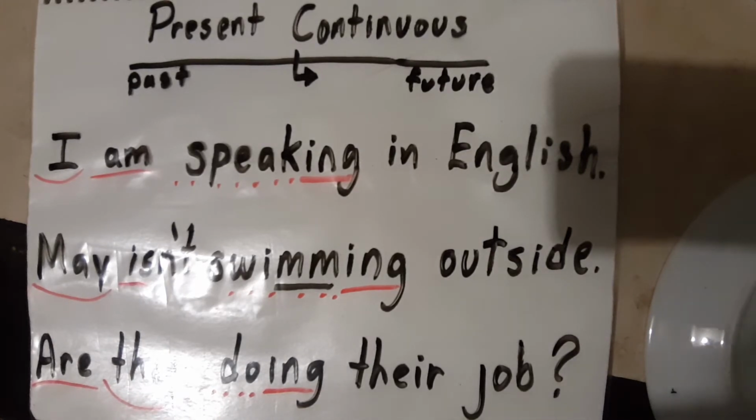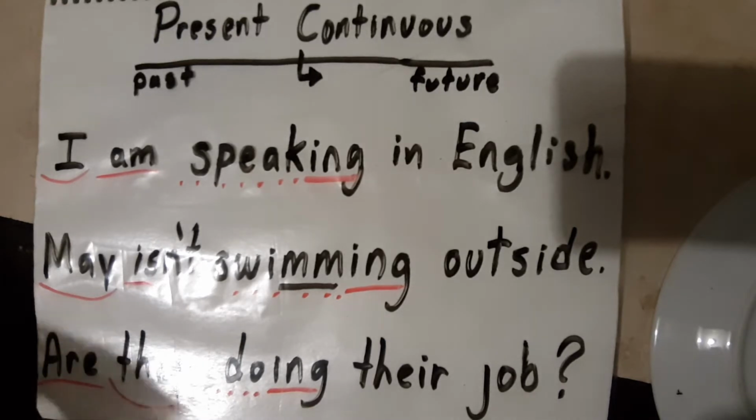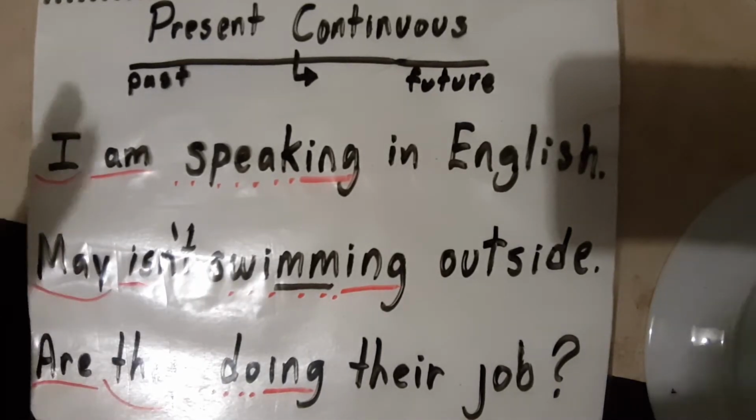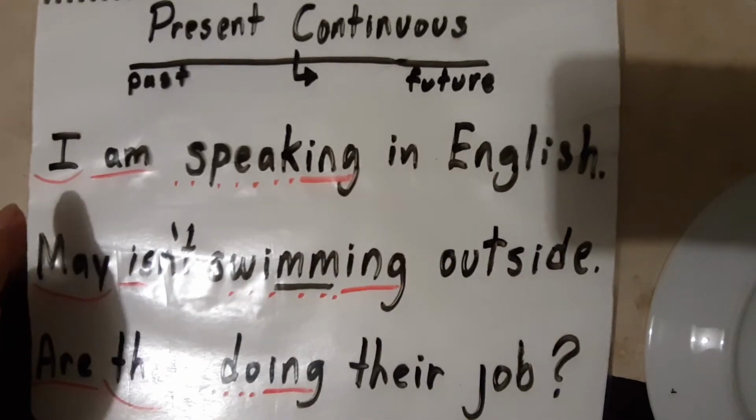First, and the most common for present continuous, is when you speak about something that is happening in the precise moment that you are speaking. Quite literally, I am speaking in English in this moment while recording this video. I am speaking with you. And as long as I continue speaking in English, this is true for me. It's real.